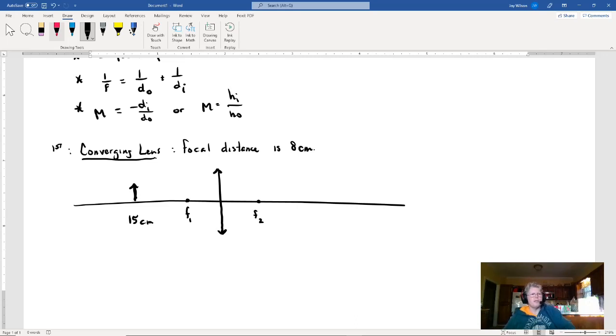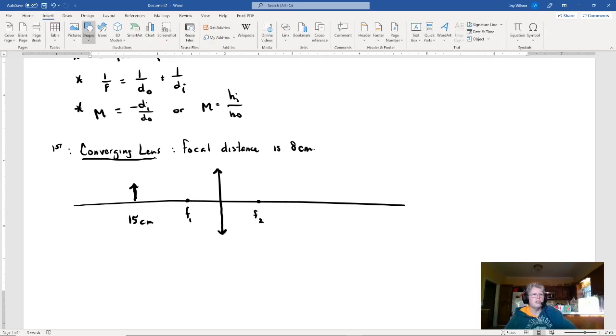So here's what happens. We're going to start at some particular point on the object, and I usually pick the top point, and we're going to draw a ray that goes right through that center point.